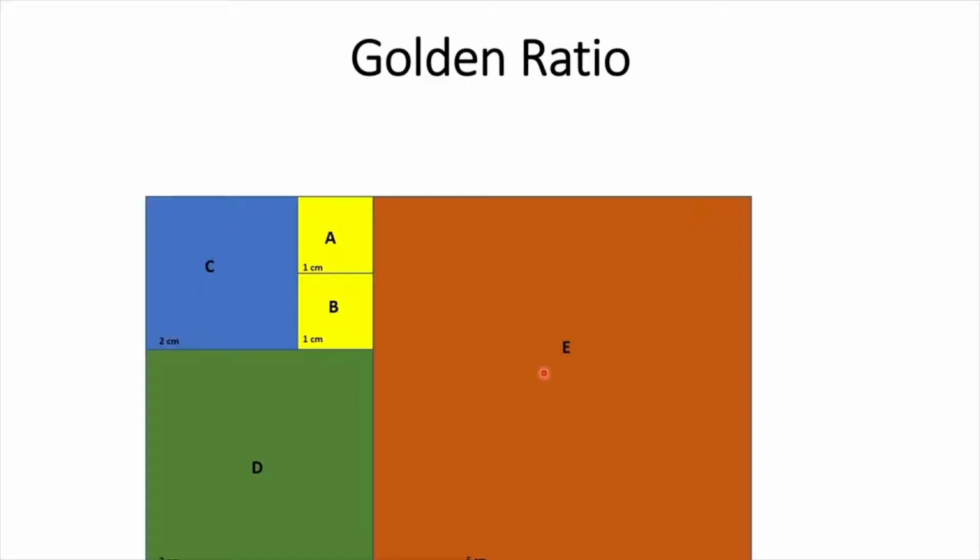Moving on, we go to the E, and we have created another square, and this time the side is 5 centimeters. Now keep adding. We will get many squares, each consisting of the previous two. Let's see how the golden spiral emerges by using this.